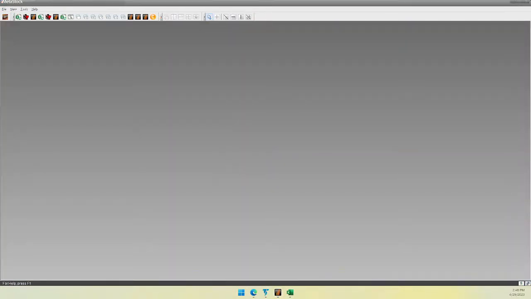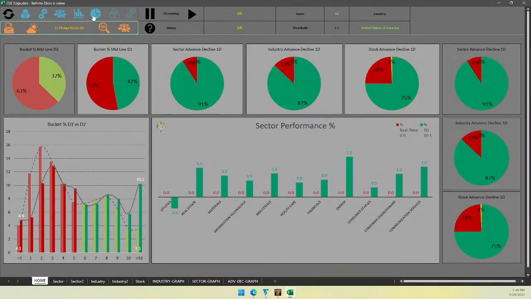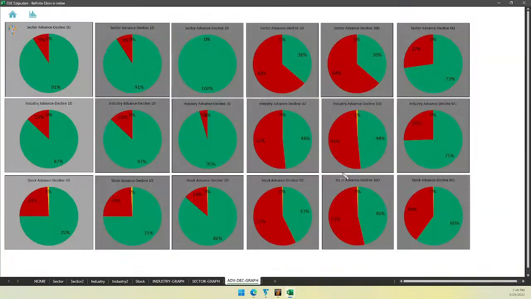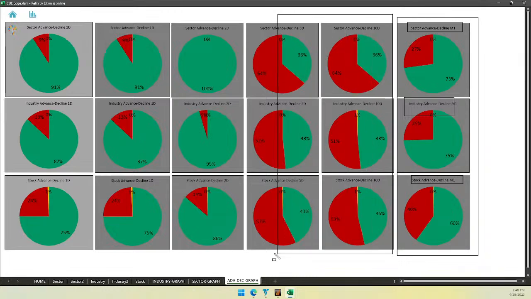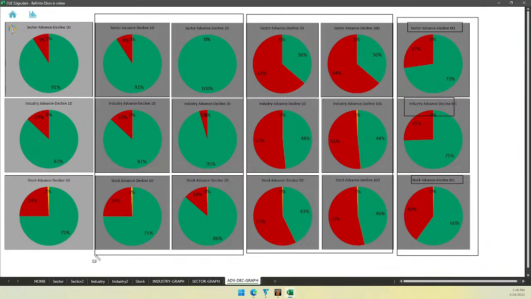About sector, industry, stock breadth, here also we see the long-term view. For sector, industry, stock advance decline breadth, the long-term view is the 1-month view, that is bullish. The 10-day view turned bearish, 5-day is also slightly bearish, but the short term, last 2 days and 1-day view, are clearly bullish.